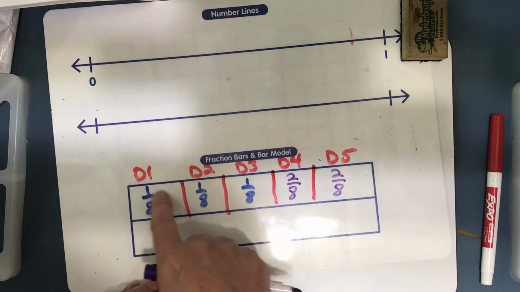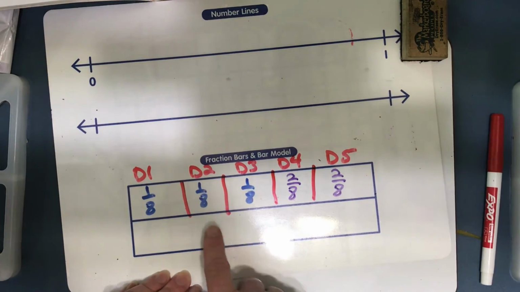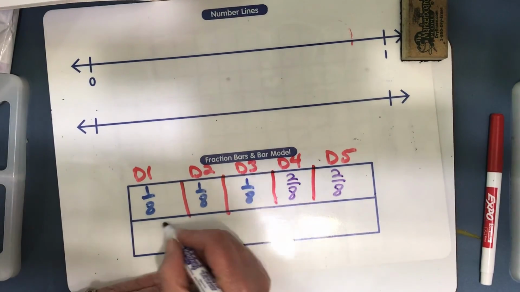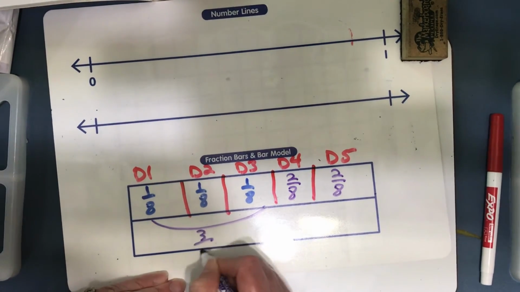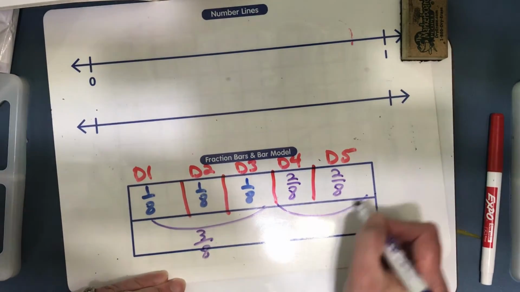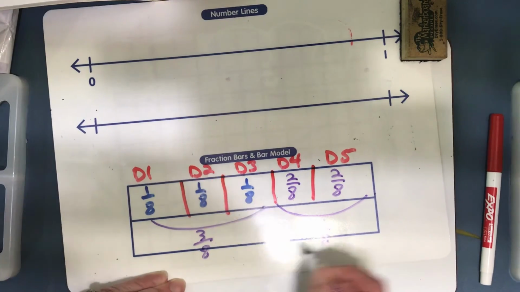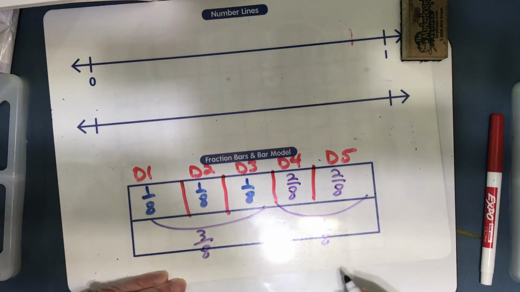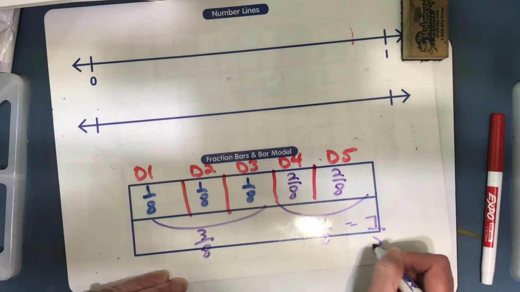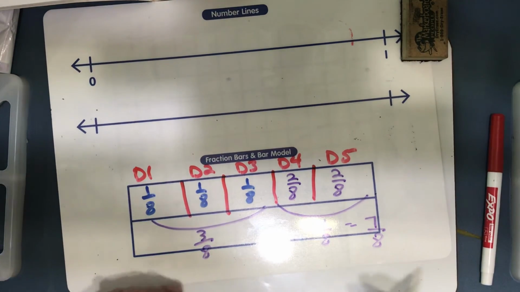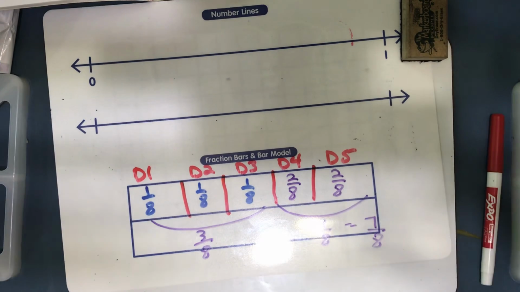So 1/8 plus 1/8 plus 1/8 is 3/8. And then 2/8 plus 2/8 would be 4/8. So 3/8 plus 4/8 equals 7/8. So Kyle swam for 7/8 of a mile in all. You go ahead and finish the page.